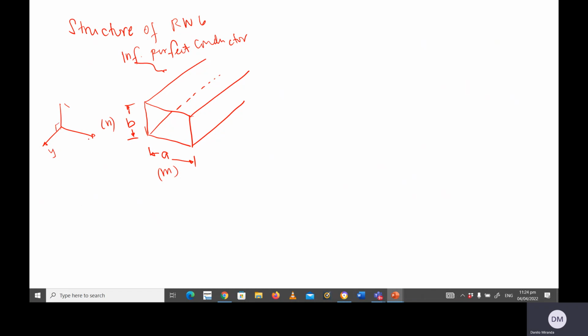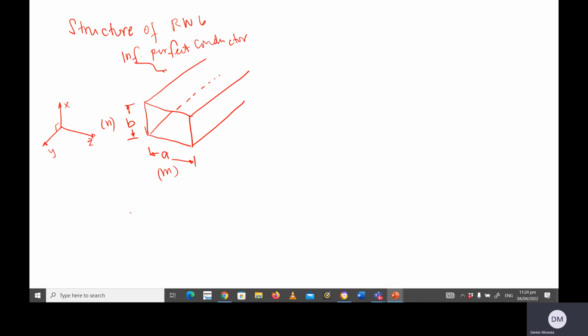And then this is your direction, your Z. Or vice versa. X can be your electric field, Y can be your magnetic field, and Z direction, as long as it is a three component for electromagnetic wave.